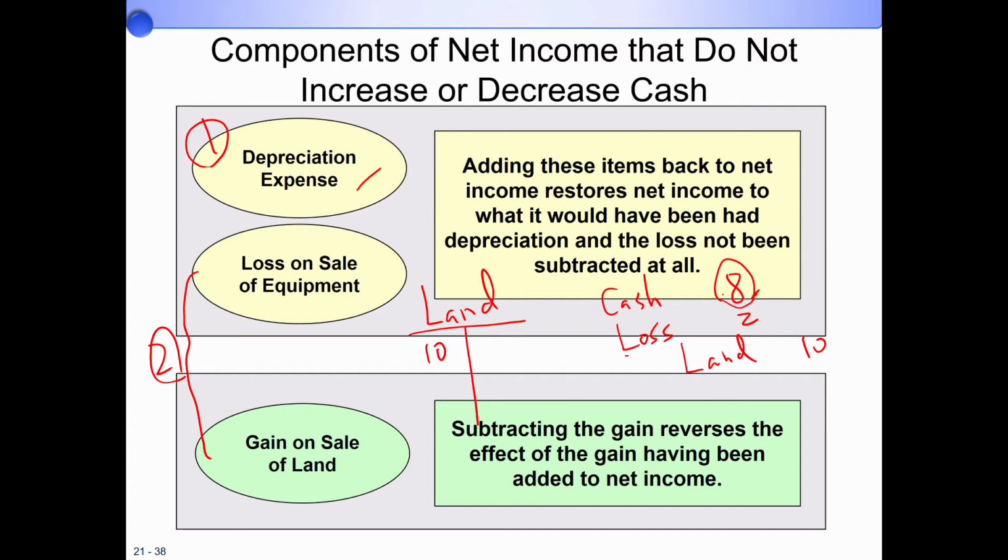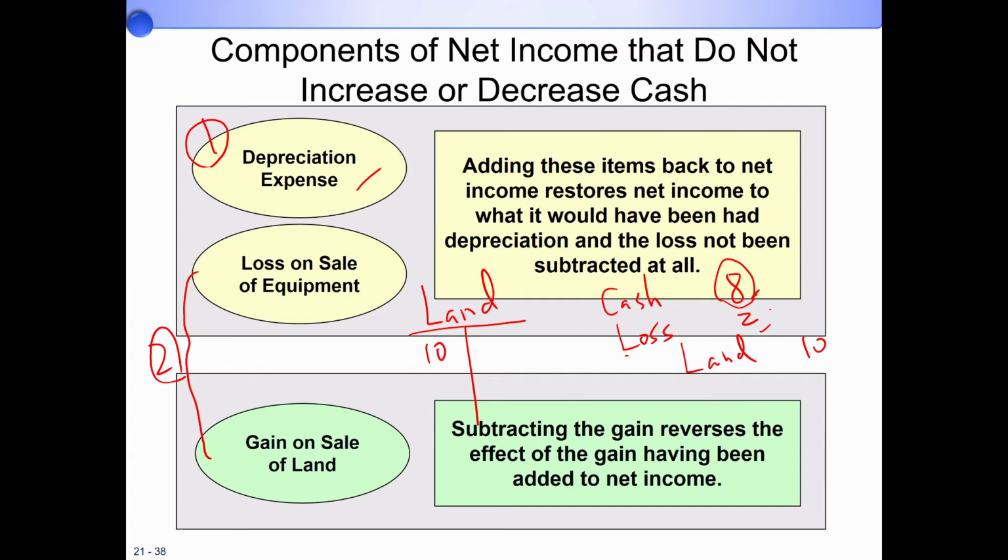For operating, remember this is the indirect method. We start with net income, then make adjustments to figure out cash flow from operating activities. In this case, the loss was subtracted to get net income, but we didn't pay for the loss, so our cash basically didn't change.